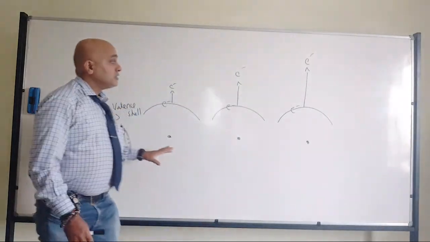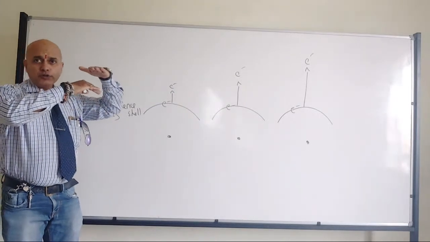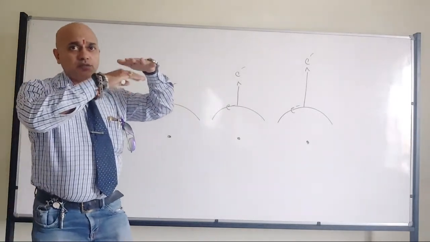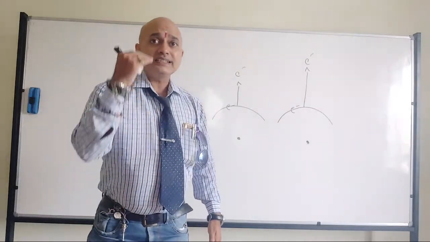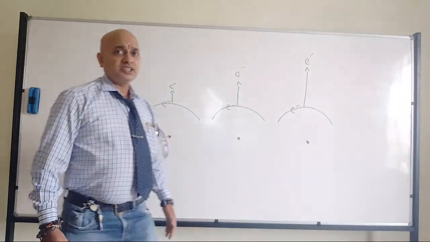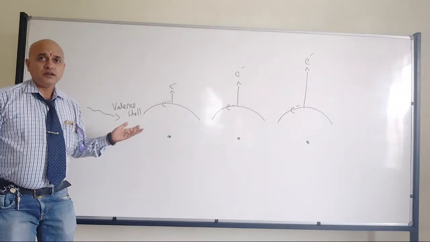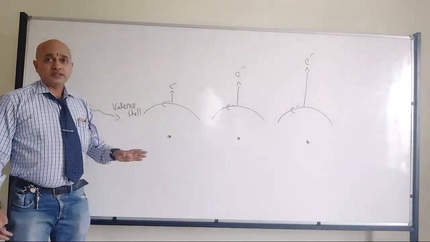Therefore, those elements where the conduction band and outermost energy level distance is a bit close, where the electron can easily achieve it, are called good conductors. Okay, but it should not be too close also.